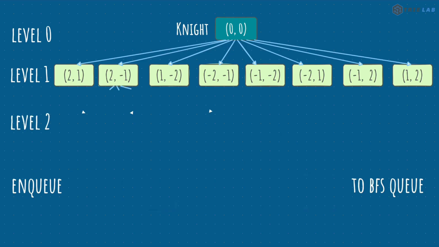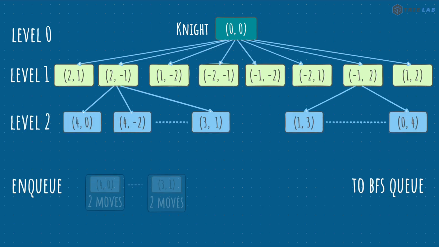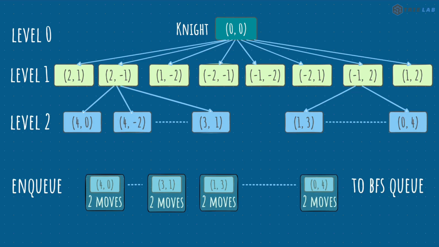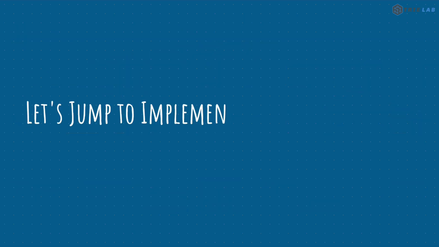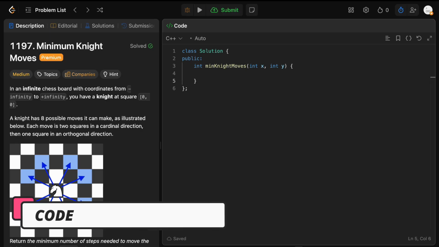Now we keep on repeating this process, exploring level by level until we finally reach the target node, at which point we simply return the minimum number of moves required to get there. Well, now we are ready to jump to the implementation to see how it all fits together.